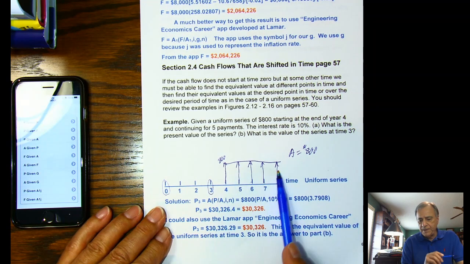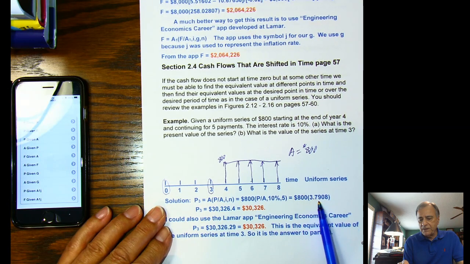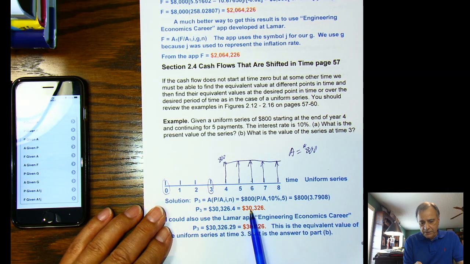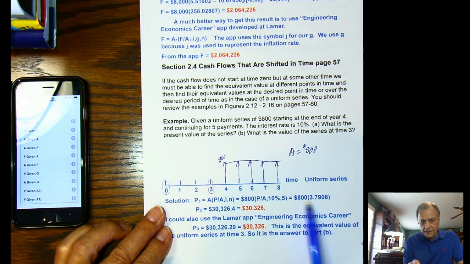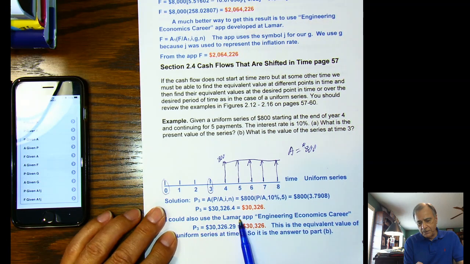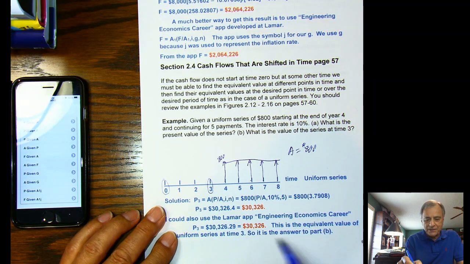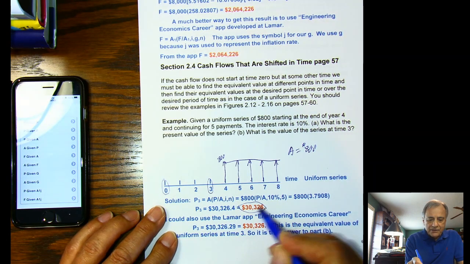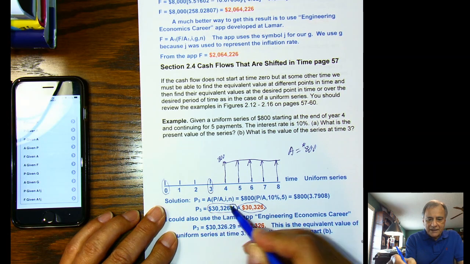So there's the 5 payments. We multiply that times this factor, 3.7908. This I looked up in the tables in the back of the book, and I got that product is 30. It should not be 30,000. It should be 3,000 because that is $800, not $8,000 like the last example.